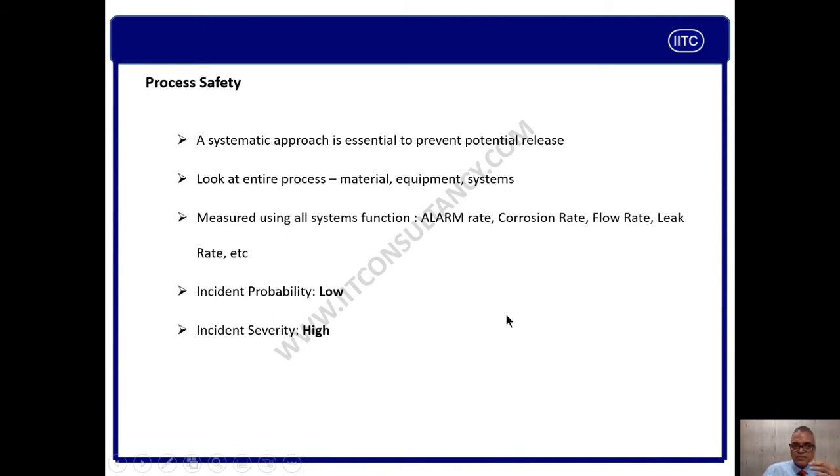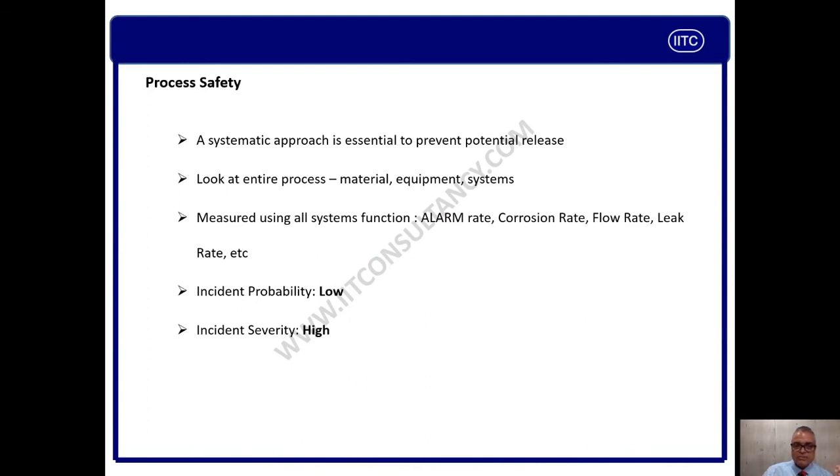This looks at the entire process, beginning from the material, equipment, systems and product. It is measured in different aspects like alarm rate, corrosion rate, flow rate, leak rate. In these terms it can be measured.